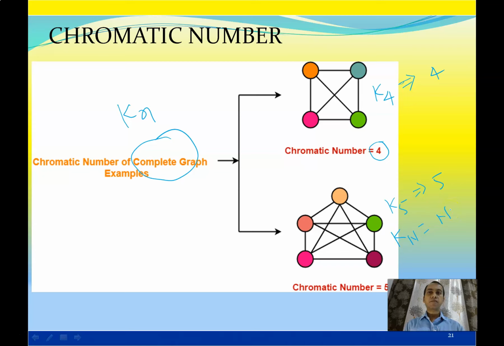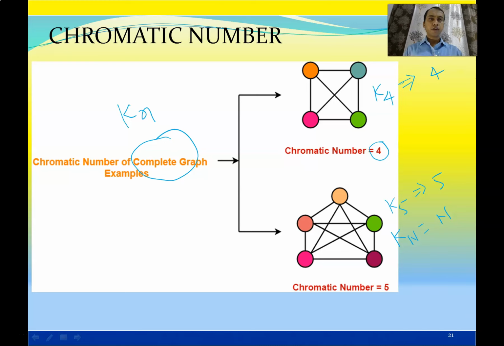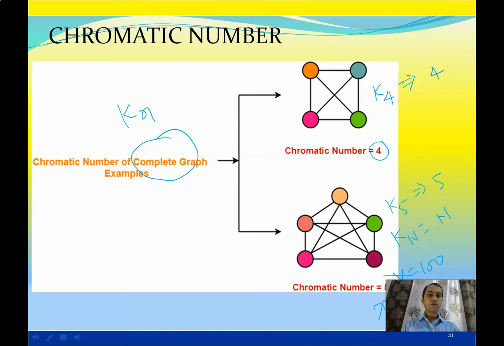Suppose a graph has 100 vertices, a complete graph with 100 nodes. Then the chromatic number for K100 is 100. How? Because the chromatic number for n vertices is n. So the chromatic number for a graph with 100 vertices is 100.